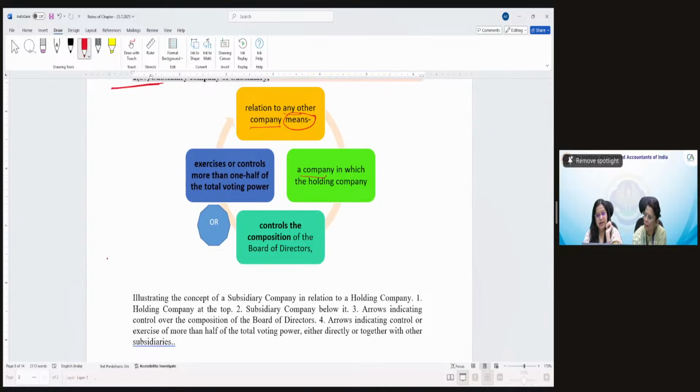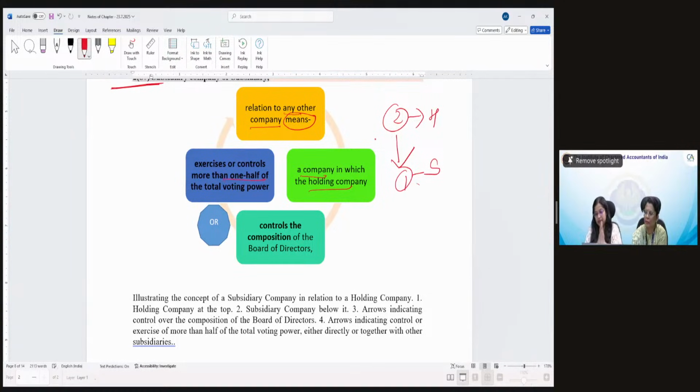Means a company in which the holding company controls the composition of the board or exercises control of more than one half of the total voting power. One half, 50% plus. So it cannot be 50%, more than 50%.